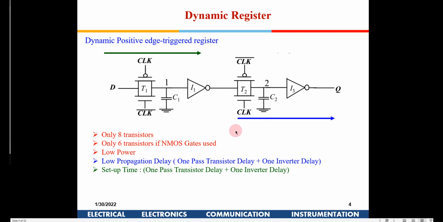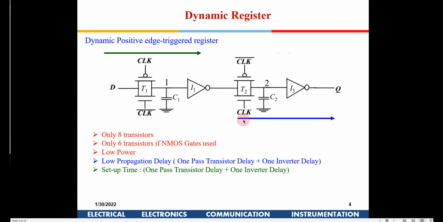But that D is actually D previous, right, sir? Yes, obviously it is the D previous for a register. A register always samples the previous data. If it samples the present input, then it becomes a latch.